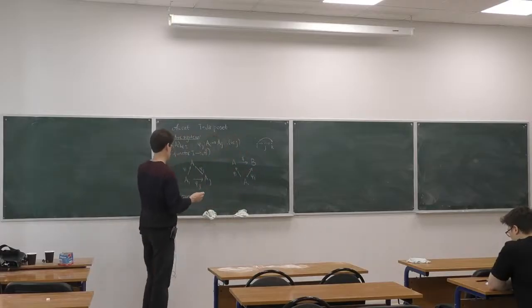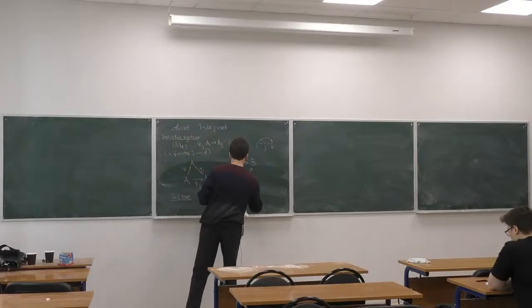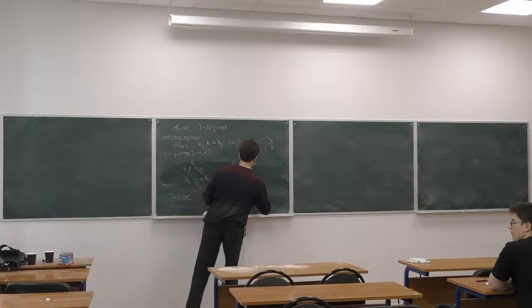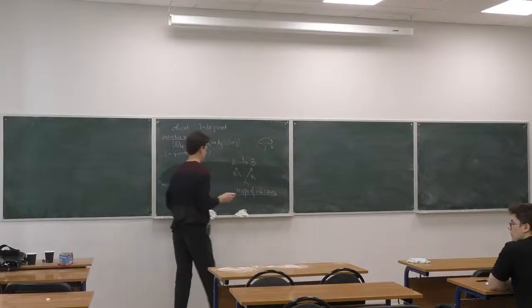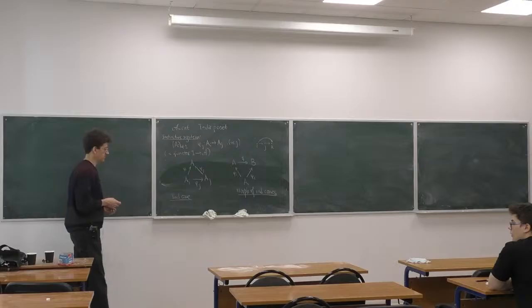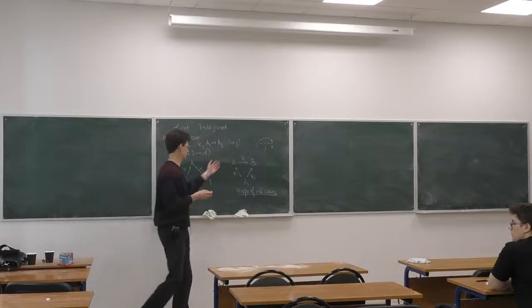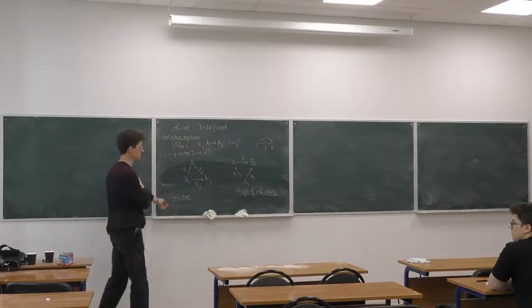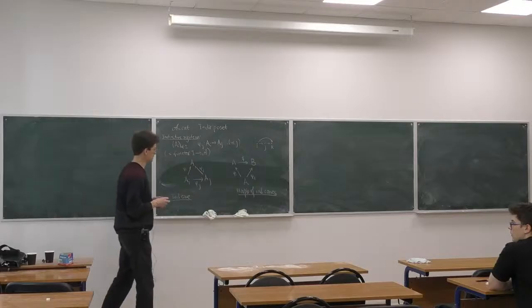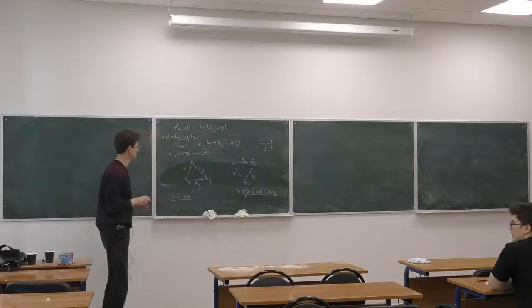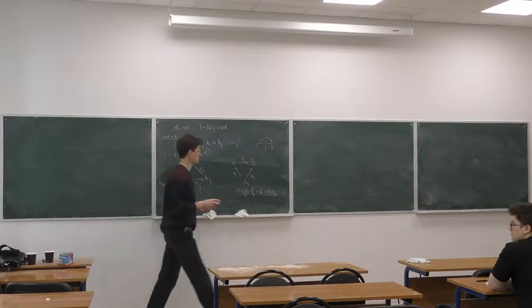This is a morphism of inductive cones. So the class of all inductive cones together with their morphisms forms a category, and by definition an inductive limit of our system is just an initial object of this category.